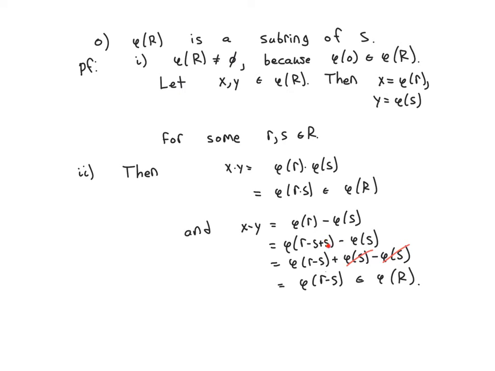And so if you do that, then you see that x minus y is equal to phi of r minus s. So x minus y is in the image. This also does show you that, in fact, phi of r minus s is equal to phi of r minus phi of s. So by the subring criterion, phi of R is a subring of S.